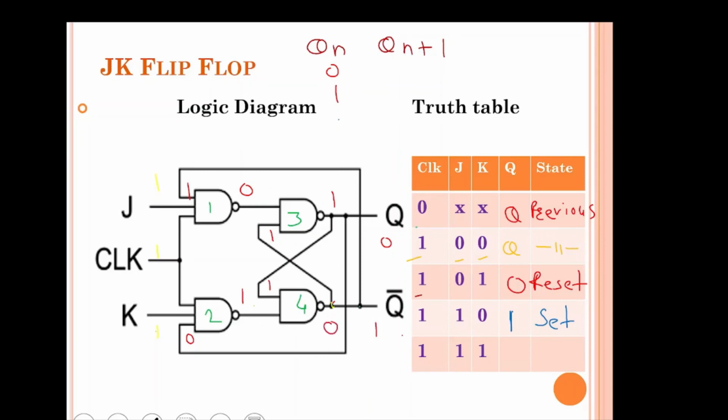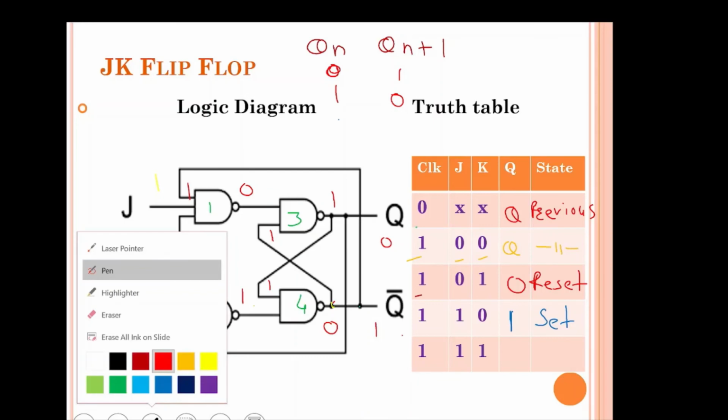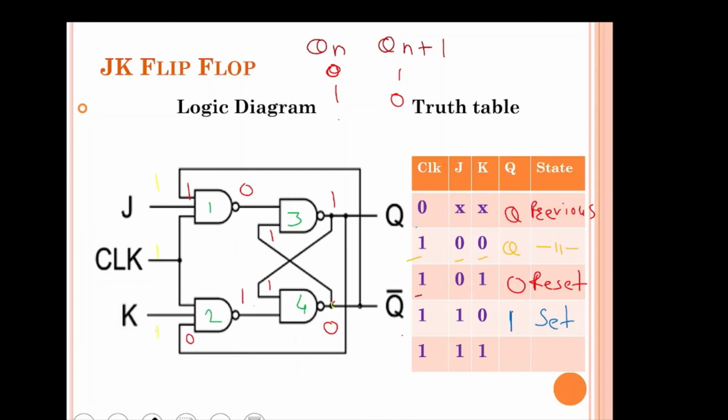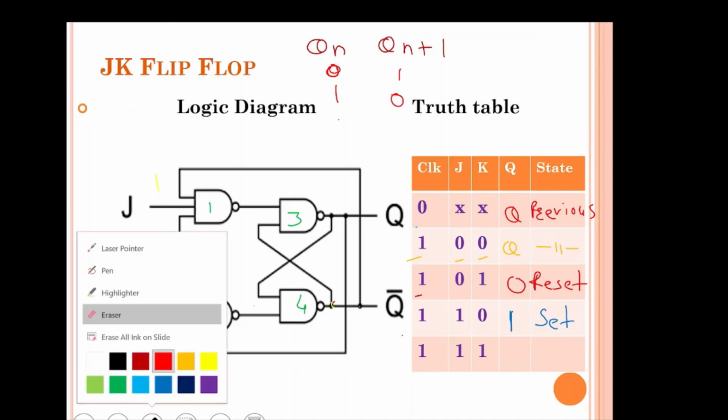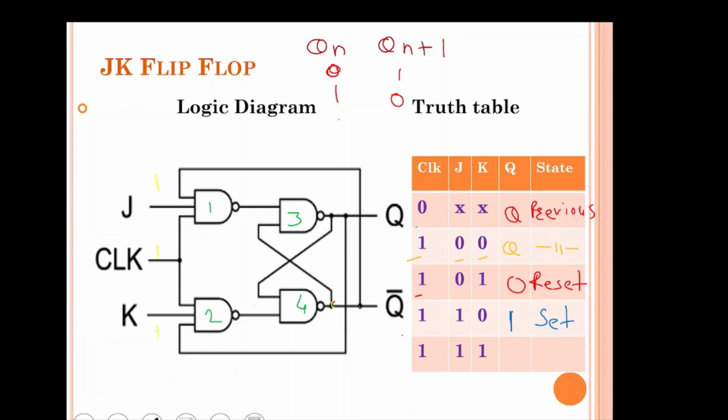Now here you can check that if the previous condition is 0, 1, the next output is 1, 0. Means Q is 1 and Q bar is 0. Let me check for one more output condition. That is if the previous state is 1, 0, then we have to check what is going to be the output. So if the previous condition is Q is 1 and Q bar is 0, in this case also this 0 goes here, this 1 goes here.